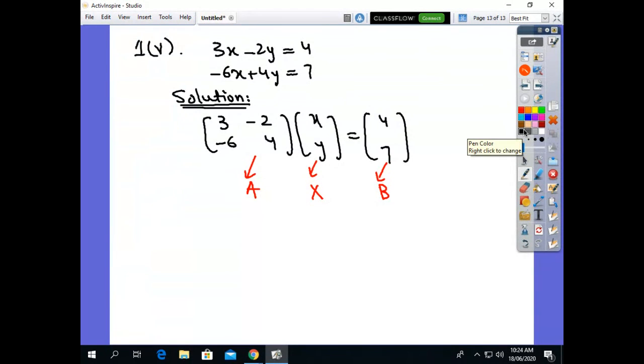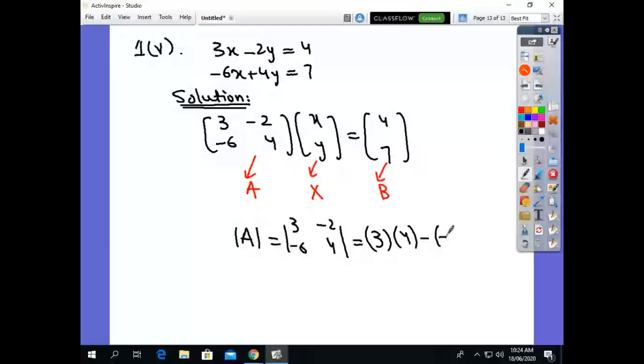Here we see the determinant of matrix A, which is 3, negative 2, negative 6 and 4. After solving it, 3 into 4, minus negative 2 into negative 6, it is 12 minus 12, which becomes 0.